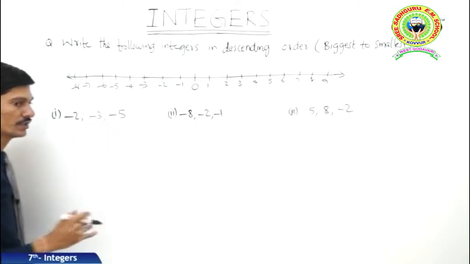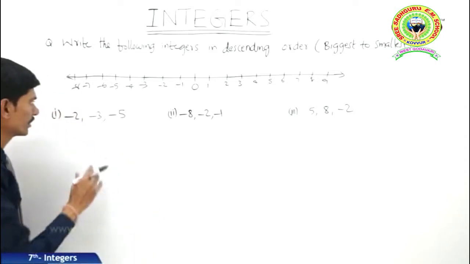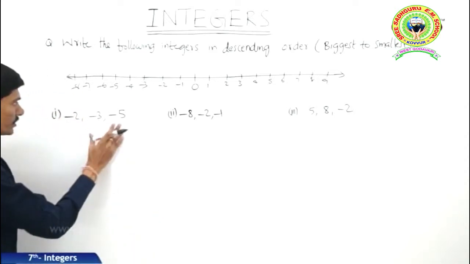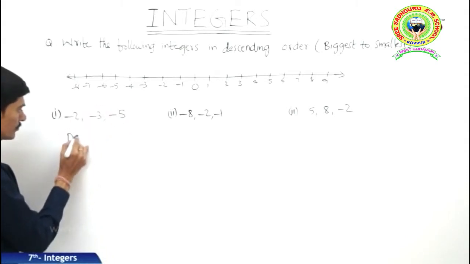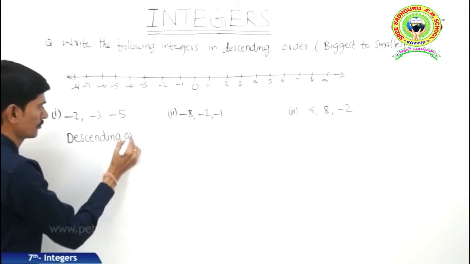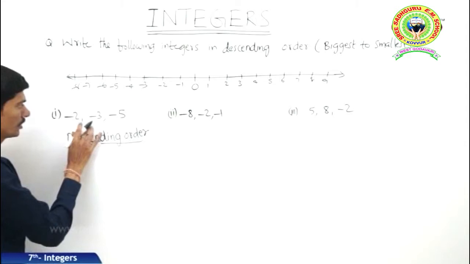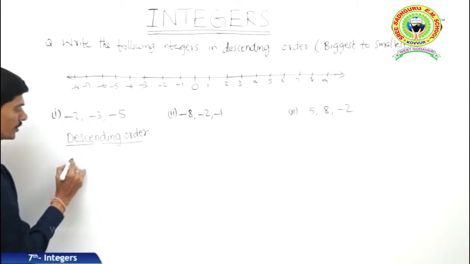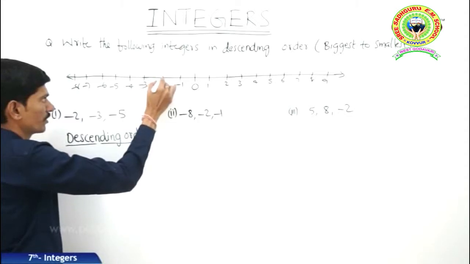So the three integers given are negative integers. Then what is the descending order? Which is the biggest integer among these three? -2 is the biggest integer because it lies on the right on the number line.